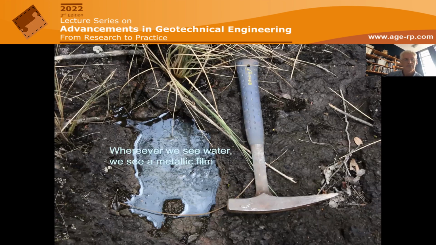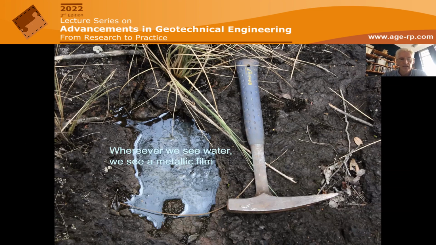One of the other things that we saw in Kanga was that everywhere there was water, there was a metallic film. The only way you're going to get a metallic film here is if you're feeding the surface film with iron 2 from deeper within the environment. And certainly there was so little oxygen in the water here that the metallic film completely sealed the lower ecosystem from the upper ecosystem.